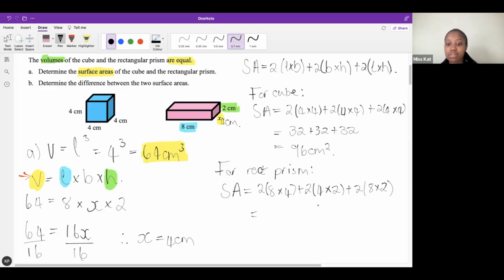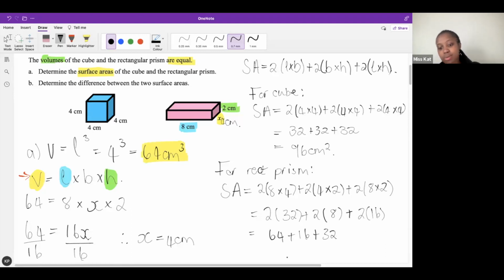Okay, equals. Now I'm going to need you guys to help me with this one. 2 times 8 times 4 is? What is 8 times 4? 32. Plus 2 times 8, plus 2 times 16. And this is going to give us 64 plus 16 plus 32.